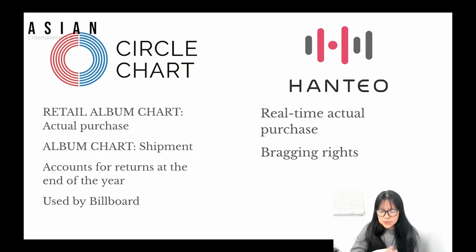So they really concentrate on physical sales. So those are the two. However, Circle Chart is the one being used by Billboard for their chart. So if they need to take something, they actually get the stats of Circle Chart, not Hanteo.